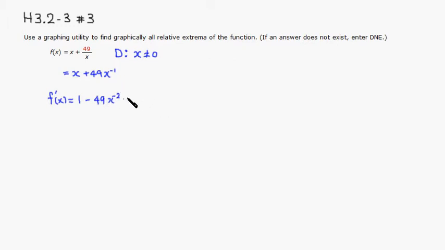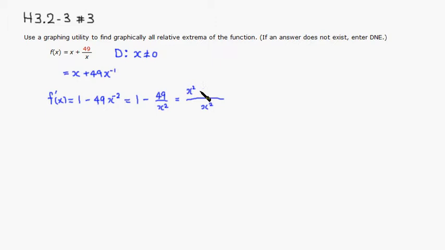So we're going to clean up a little bit. This is the same thing as 1 minus 49, which should be on top since it's a negative power, so we can put x squared on the bottom. Then I'm going to take the common denominator. So 1 is the same as x squared over x squared, which is equivalent to 1.